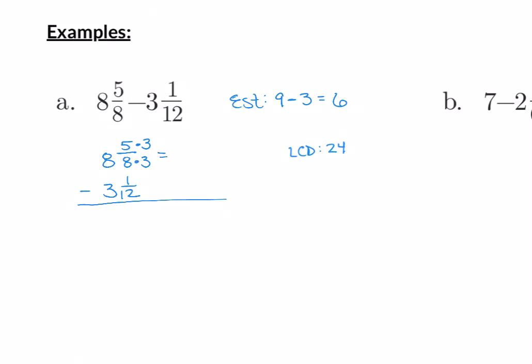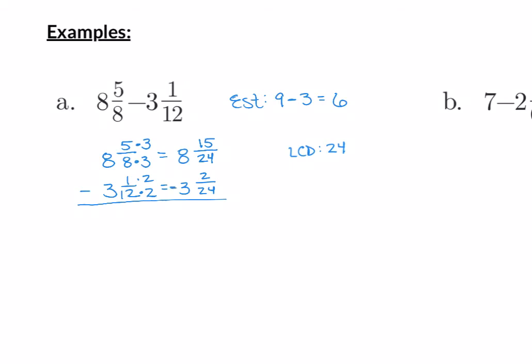Whatever I do to the bottom, I do to the top. So I get 8 and 15 over 24. 1/12. To get from 12 to 24, we want to multiply by 2. So we get 3 and 2 over 24.